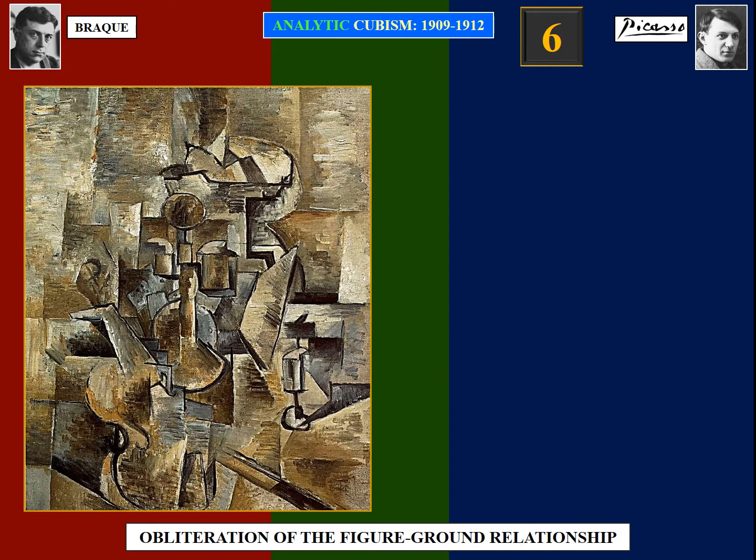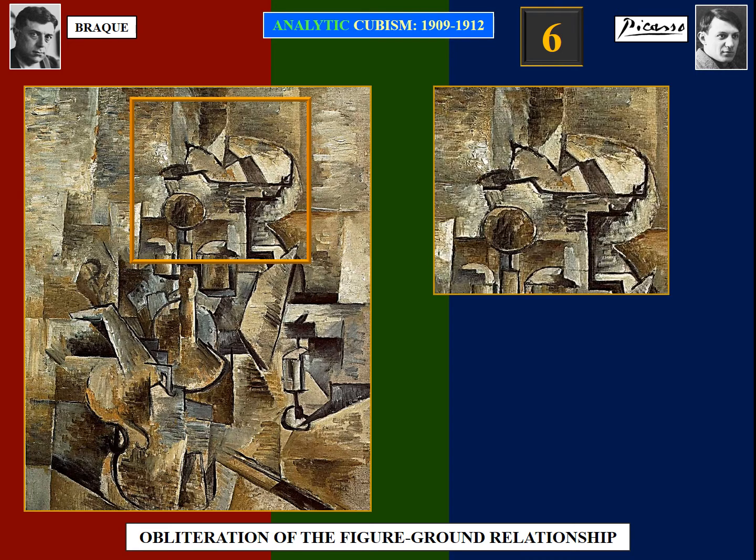Number 6, and this feature is truly groundbreaking. It's the obliteration of the figure-ground relationship. Let's go up there and take a look at that passage. Now here, the still life objects on the table are really difficult to distinguish from the void, the space around those objects.